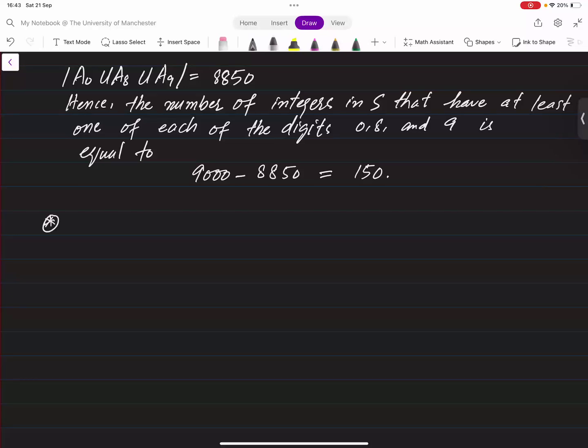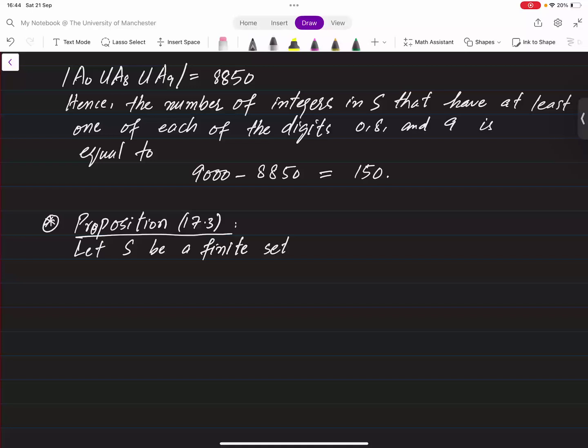Now we will give a very nice and famous proposition for the number of possible subsets of a set. Proposition 17.3 says that let S be a finite set consisting of n elements.